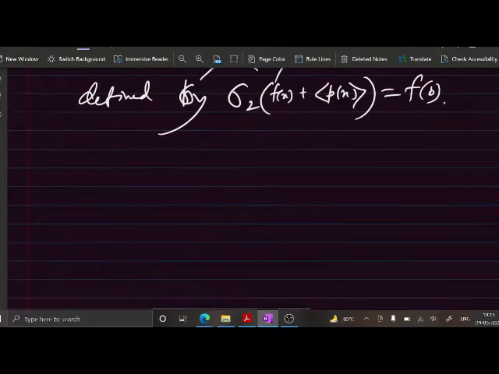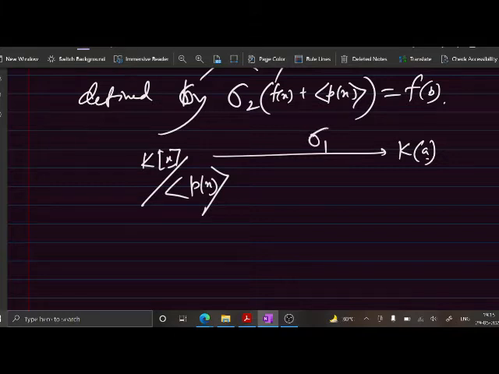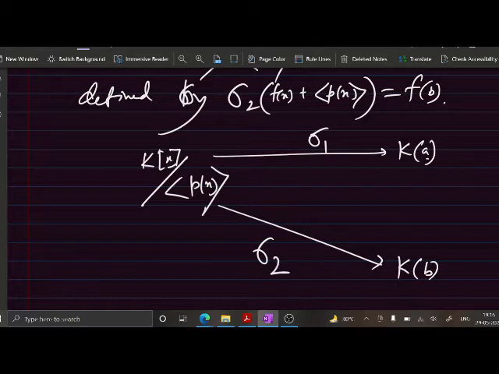So you have this k[x] quotient by the ideal, this is your sigma 1 to k(a) and sigma 2 to k(b).